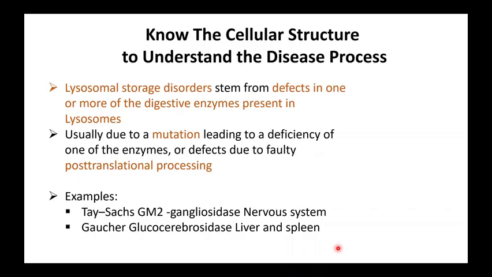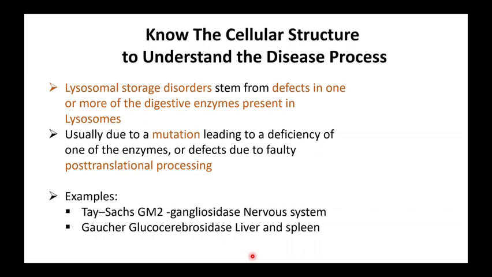The substrate will build up, and that's where we will have the storage diseases. If the lipid cannot be broken down, we will end up having more lipid. For instance, in Gaucher disease, the glucocerebrosidase enzyme in the liver and spleen is deficient, so the lipid will start depositing there. What will happen to the size of the liver? It will keep on increasing because of more deposition.